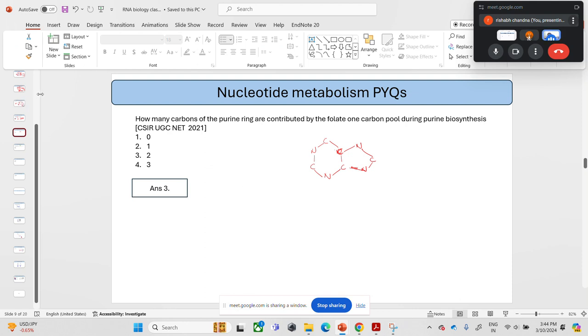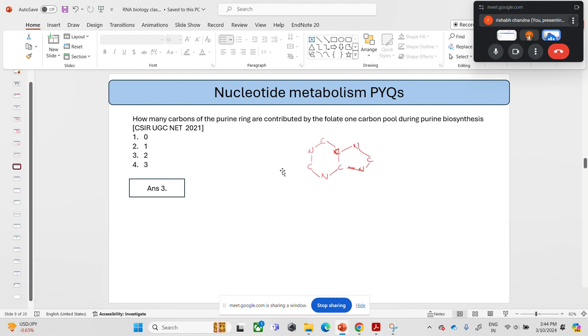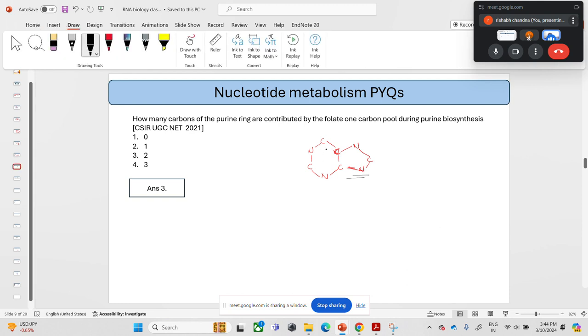Is it visible now? Yes, sir. Okay, so this is the basic ring of the purine that we see, and I have not included the double bonds and all those structures for simplicity.